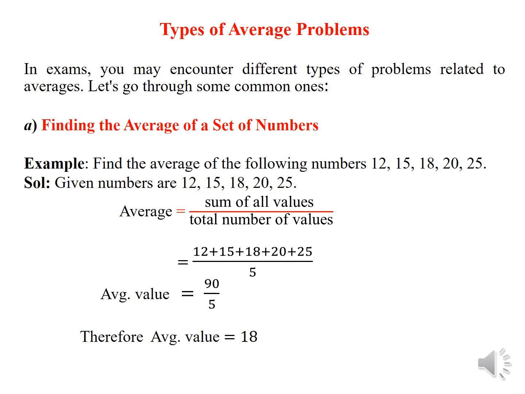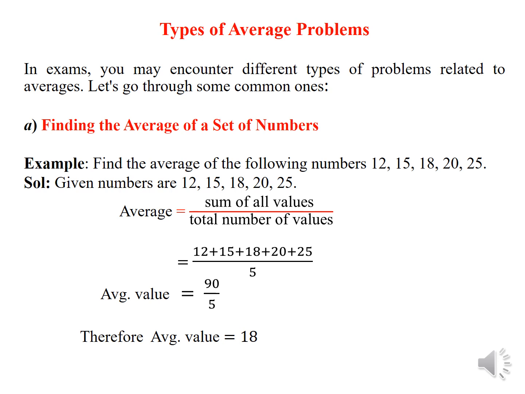In this question, some numbers are given. Using those numbers we have to find the average. First write down the given numbers as they are in the solution, and in the next line use the average formula. The formula is the sum of all values divided by the total number of values.